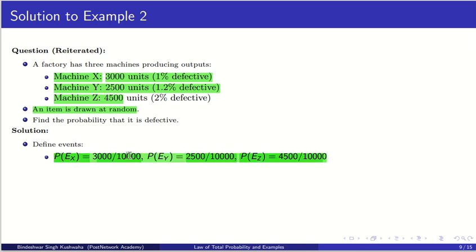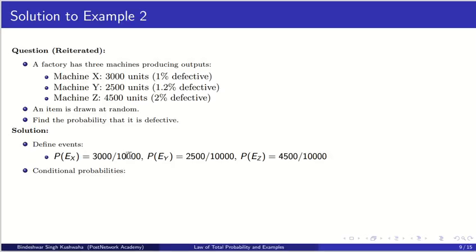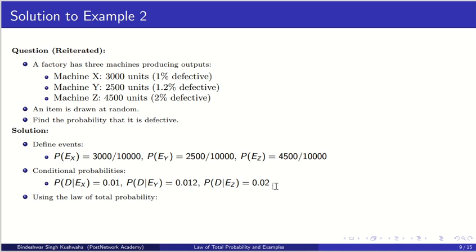Now it is defective, so you have to use conditional probabilities. It is already given that the defective item on machine X is 0.01, defective item on machine Y is 0.012, and defective item on machine Z is 0.02. So let us use the law of total probability.